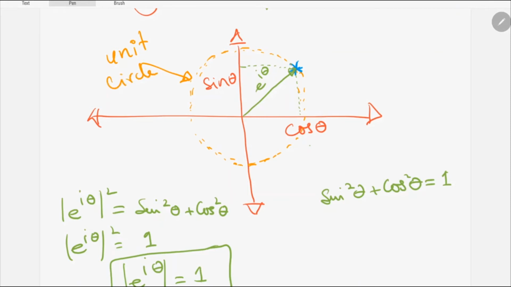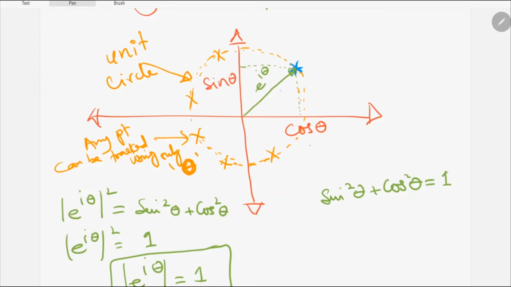Then on this unit circle, any point can be tracked using only theta, right? So this thing becomes the phasor.